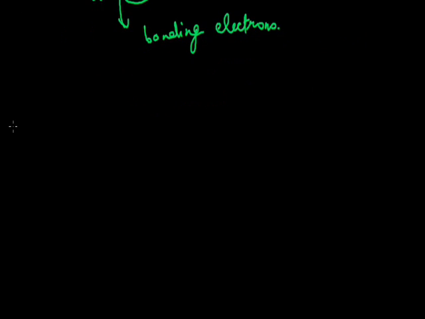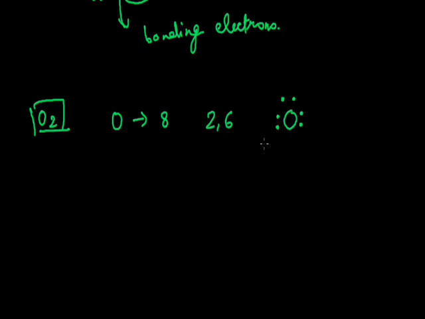Let us see one more example for covalent bond. Say for oxygen molecule. In case of oxygen, let us see the configuration first of all. Since the atomic number is 8, the configuration would be 2, 6. That means oxygen is having 6 valence electrons.